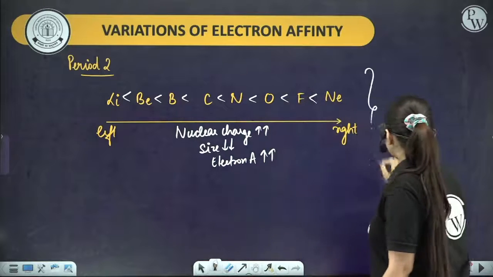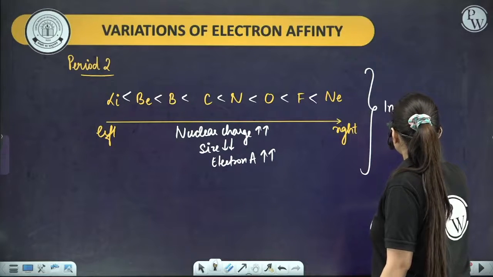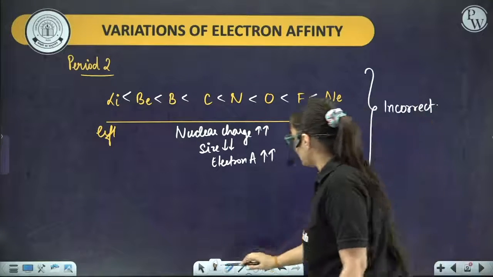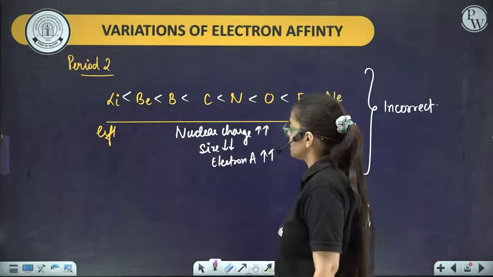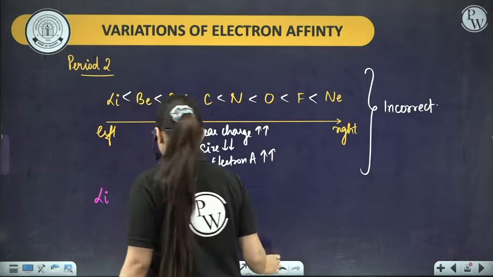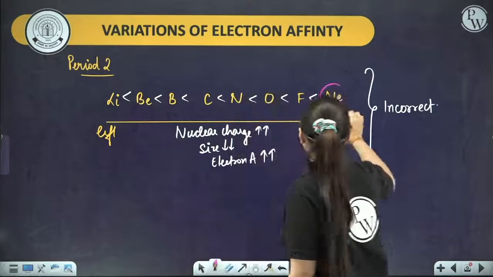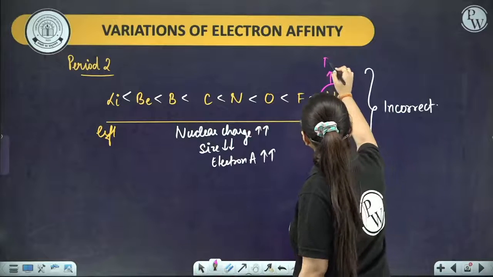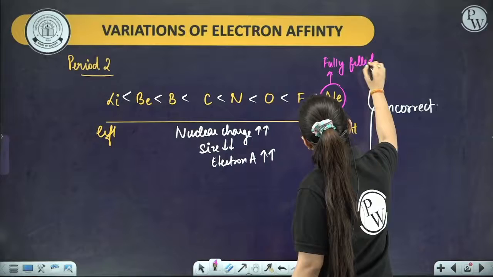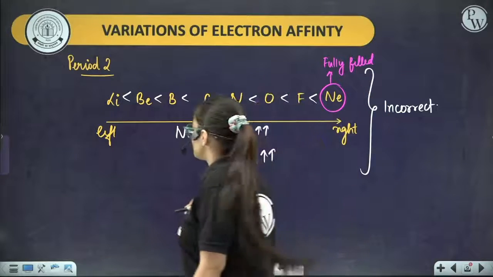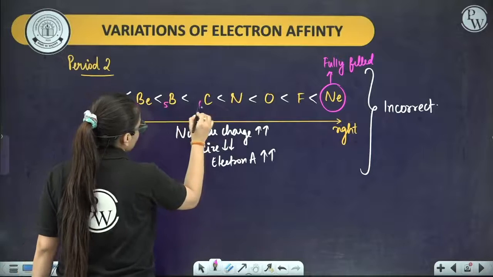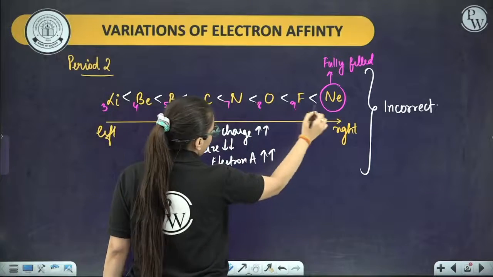But let me tell you students, it is incorrect. What will be the correct one now? Let us see. Here we know neon has a fully filled electronic configuration. Let us write the electronic configurations. Lithium atomic number is 3, beryllium is 4, then 5, 6, 7, 8, 9 and 10.